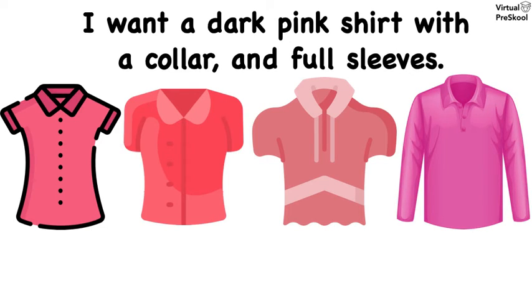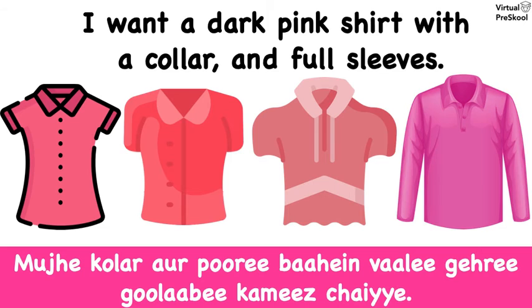Now add sleeves. I want a dark pink shirt with a collar and full sleeves, all of which you should also know how to say. So try it out loud and then I'll show you the answer. All right, let's take a look. मुझे कॉलर और पूरी बाहें वाली गहरी गुलाबी कमीज चाहिए.